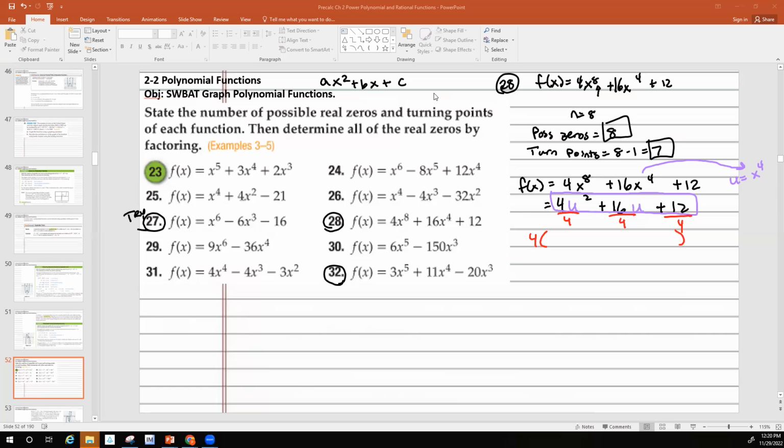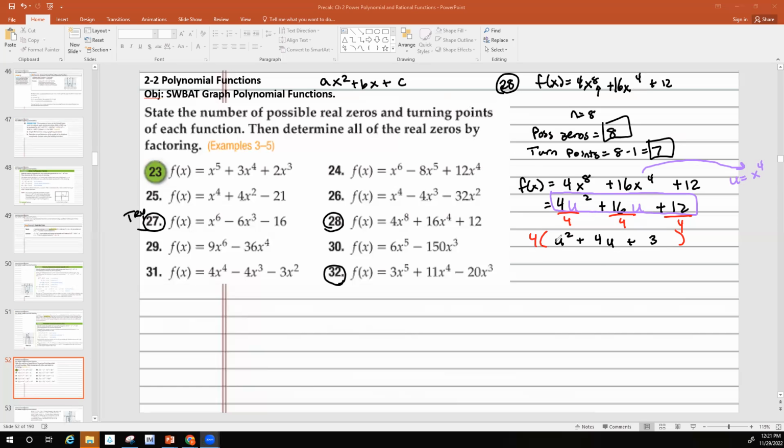And we have u squared plus 4u plus 3. 4u squared divided by 4 is u squared. 16u divided by 4 is 4u. And 12 divided by 4 is 3. So now just focus on this one now. And that's an easy one to do.